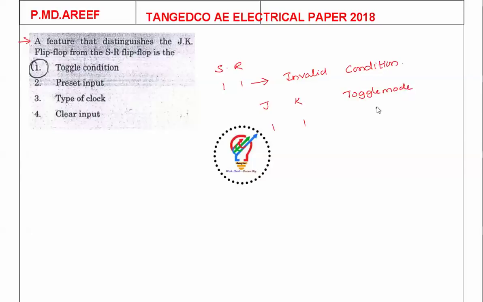Toggle mode means the output is going to vary from 1 to 0 and from 0 to 1, high to low like this. So this is a major difference between the SR flip-flop and the JK flip-flop. Next question.